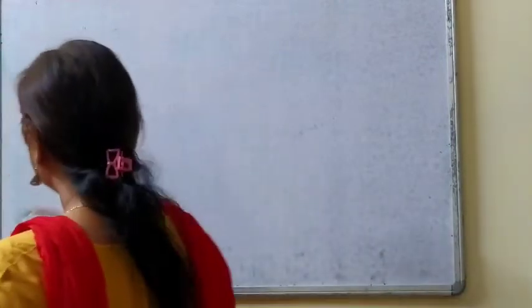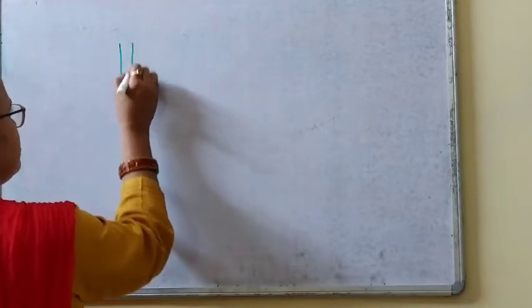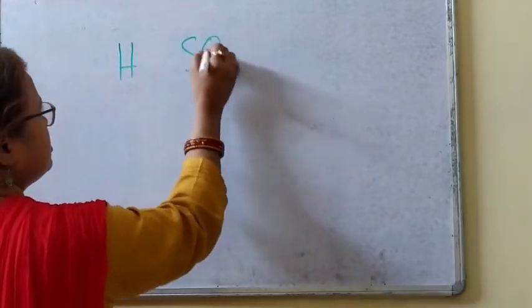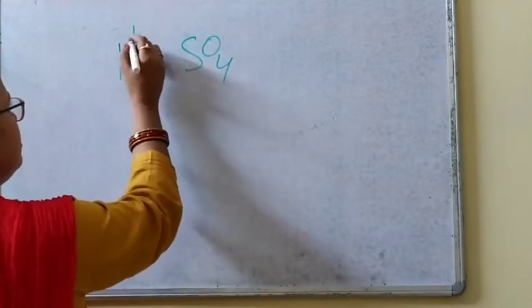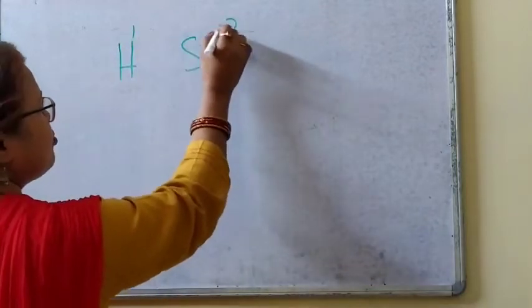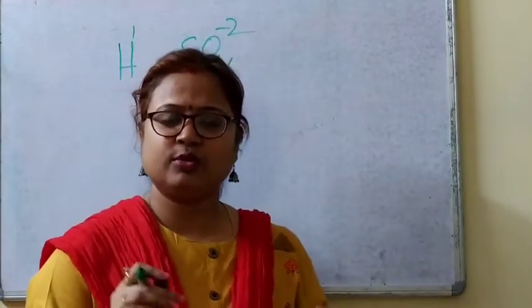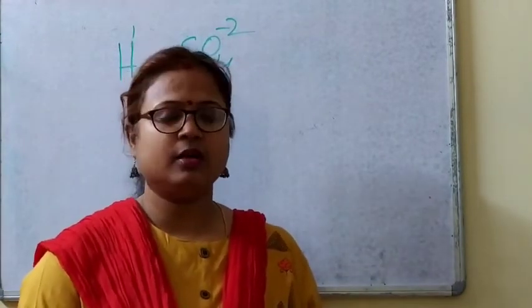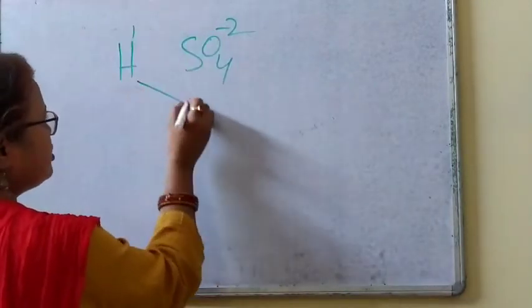Okay. Now the next is sulfuric acid. So hydrogen is H, sulfate is SO4. Valency of hydrogen is 1 and valency of sulfate is -2. But of course, when we write the formula, we don't write the charge, we only write the valency. So how do we write? Crisscross method.